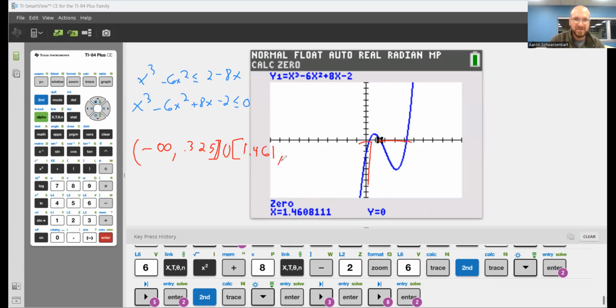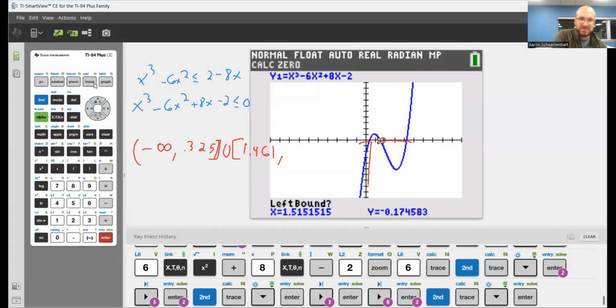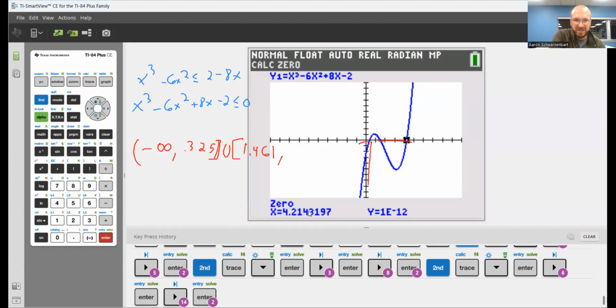1.461, 4.21. Again, 1e to the negative 12th, that's 0. 4.214.